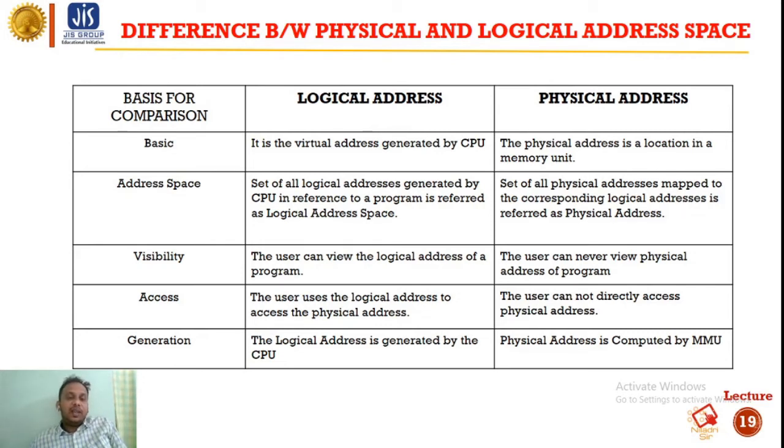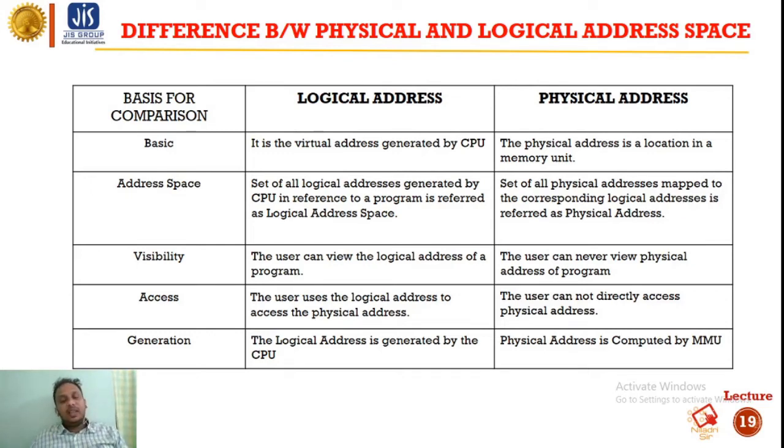So the first one is that the logical address is a virtual address generated by the CPU, while the physical address is a location in a memory unit. Next, the set of all logical addresses generated by the CPU in reference to a program is the logical address space, and the set of all physical addresses mapped to the corresponding logical addresses is the physical address space.